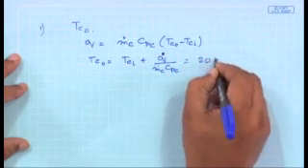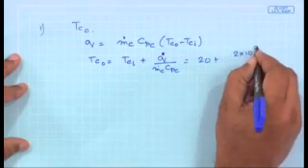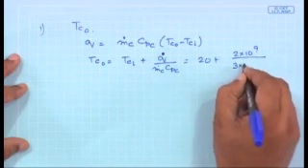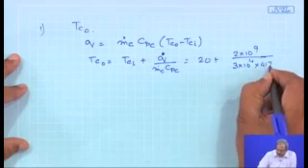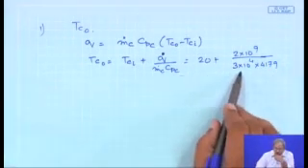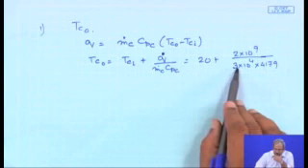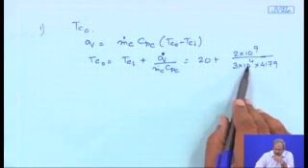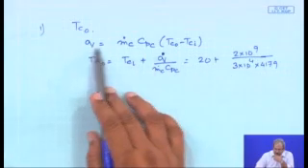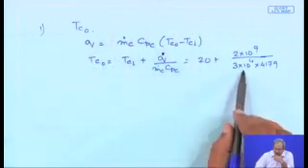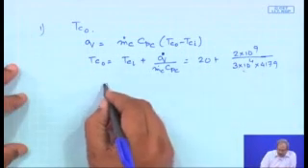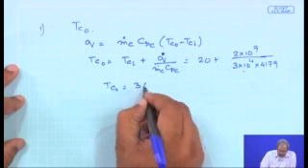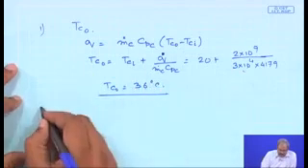So, it is 20 plus 2 into 10 to the power 9 by 3 into 10 to the power 4, which is the mass flow rate. Note that we have used the entire flow, 3 into 10 to the power 4 kg per second, since we are making an overall heat balance. So, the total flow rate is to be considered, not the flow rate through each of the tubes. When you do that, this TCO comes out to be 36 degree centigrade. That is the first part.